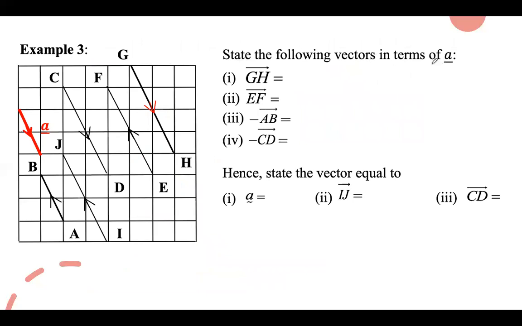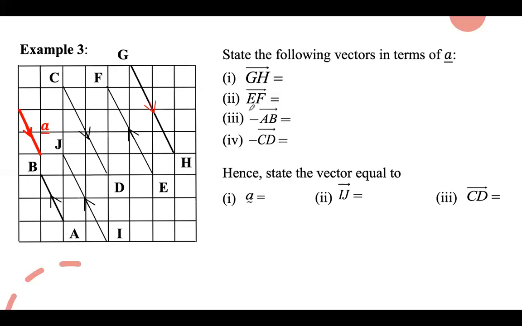Example 3. State the following vectors in terms of A. This example 3 involves multiplication of scalar and also equal vectors.